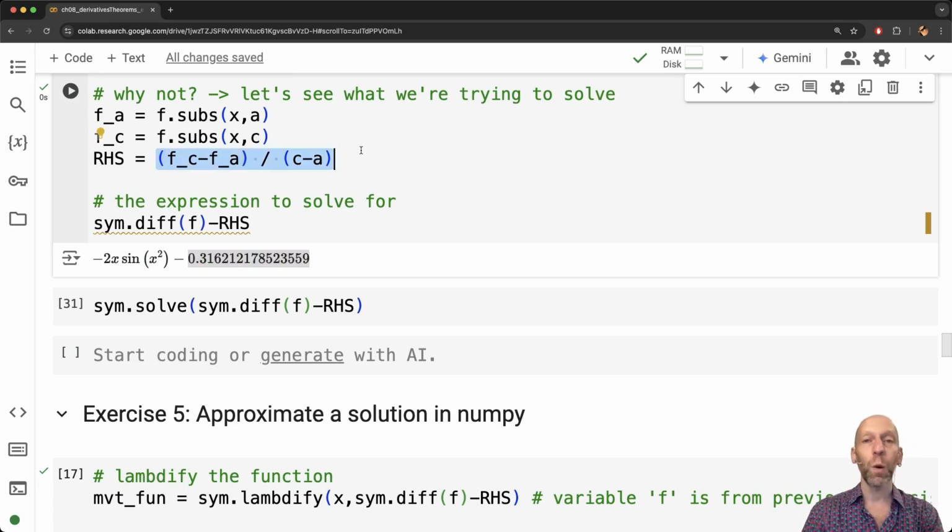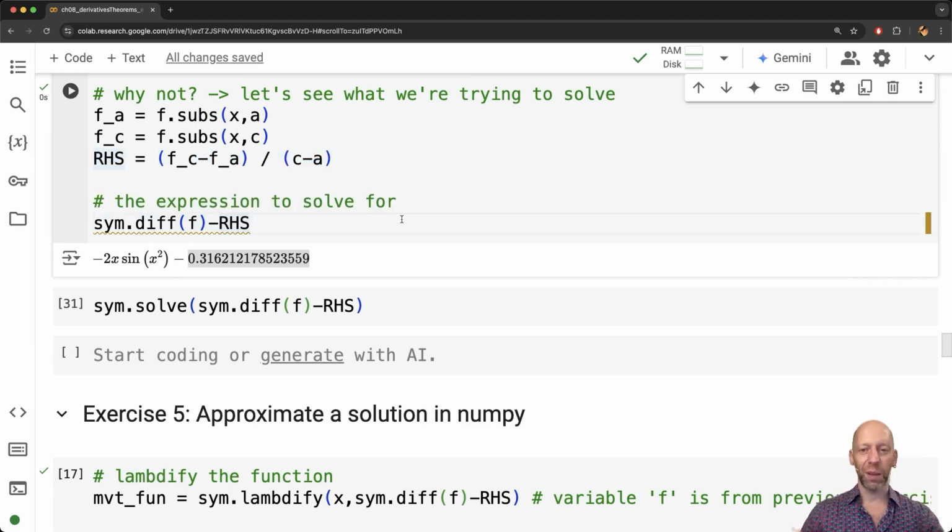So it's the slope of the secant line from A to C, right? So here we have the change in x in the denominator, and in the numerator, we have the change in y for the function evaluated at points A and C. So that is the right-hand side of the equation, and we need to know what values of x make this equation true?